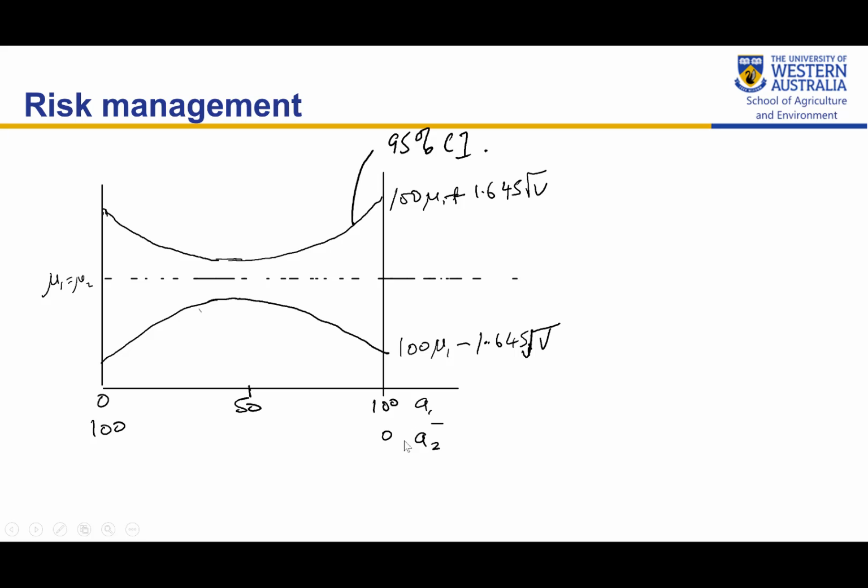If you planted all of crop 2, you'd also have a very wide confidence interval. So this shows that you get risk management almost automatically by diversifying the enterprises that you grow on a farm, just because of this simple rule about the total variance and the effect of covariance.